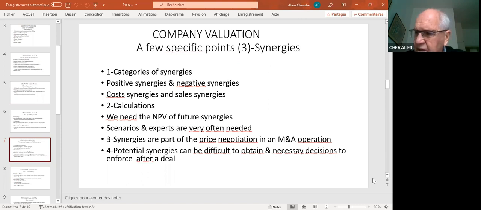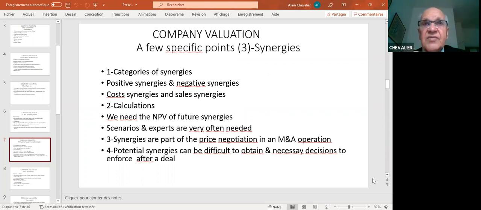That means you can find synergies in terms of costs because you can reduce the number of plants, because the global inventory can be lower as parts of the raw materials are the same, and also because the production can be done in different countries with lower costs of production, wages for example.